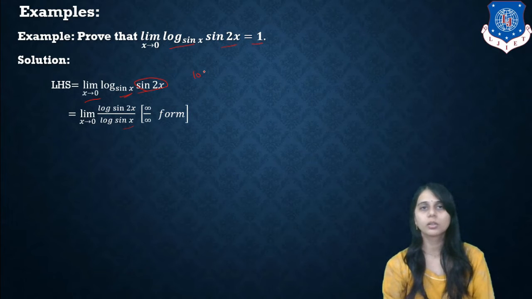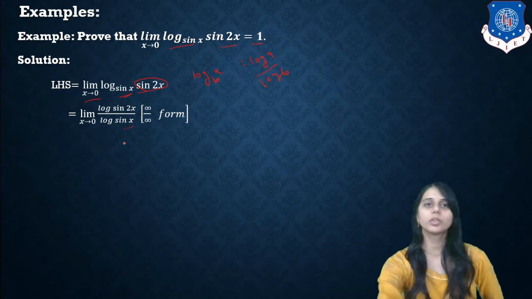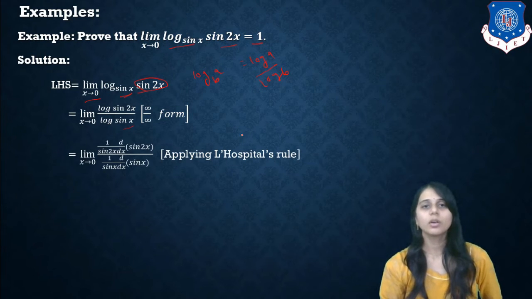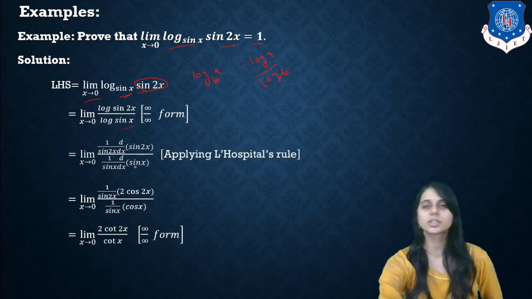Applying x tends to 0, it is infinity by infinity formation. So applying L'Hopital's rule, we get 1 upon sin 2x times d by dx of sin 2x, over 1 upon sin x times d by dx of sin x. So it is 1 upon sin 2x into cos 2x, over 1 upon sin x into cos x, again infinity by infinity formation.